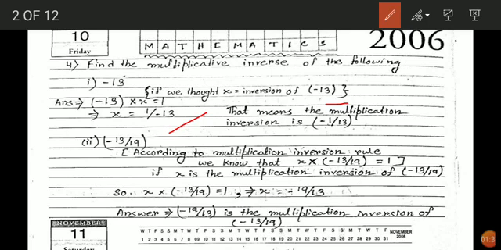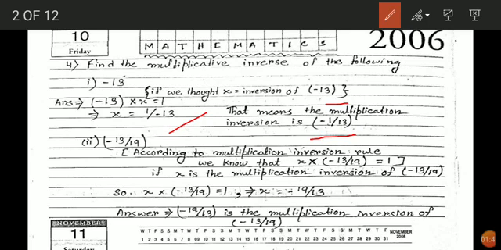So minus 13 into x equals 1, so x equals 1 by minus 13. The multiplicative inverse of minus 13 is minus 1 by 13. I hope you all can understand.